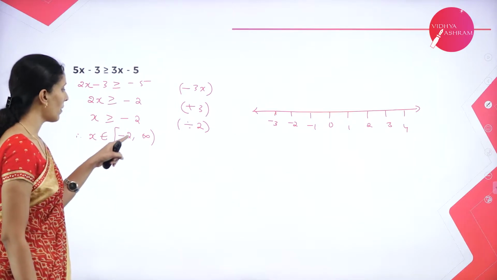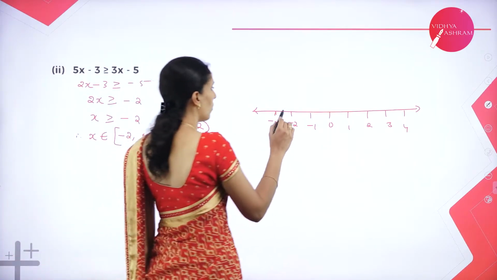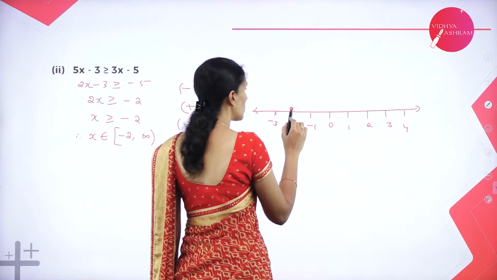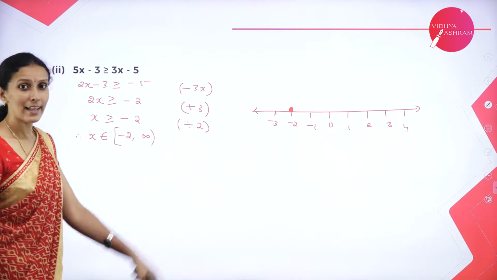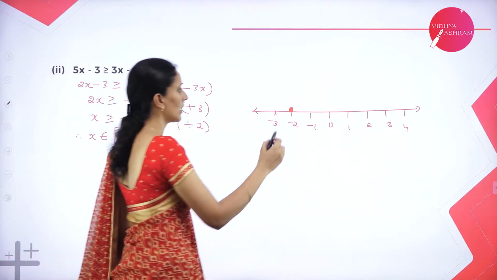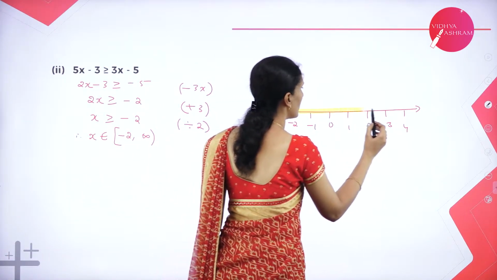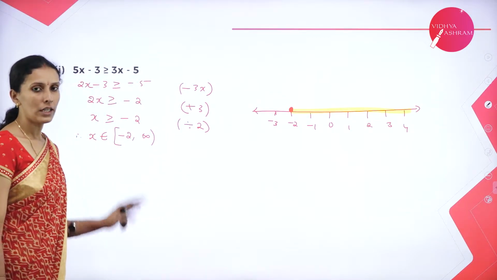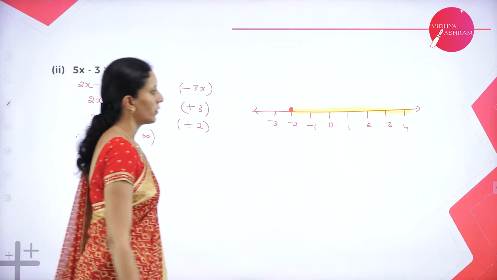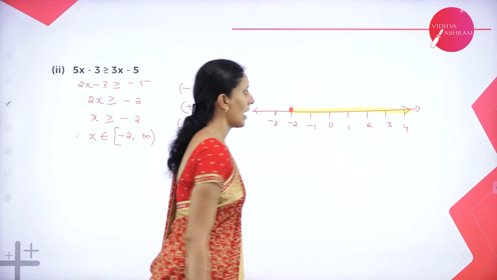So we are including minus 2 also. So therefore, you have to draw a closed circle on minus 2. And the solution says it is greater than minus 2. So therefore, the line will be like this, in this direction. So this is the solution set for the given inequality. So represent it through an arrow there.